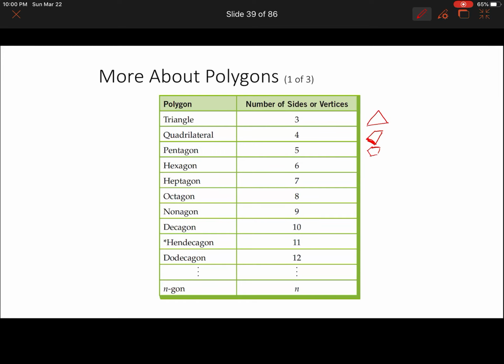A hexagon is a polygon that's got six sides. Again, six vertices. Heptagon has seven. Heptagon is one we don't use a whole lot. That is not one that's all that common, but it is one that we need to make sure we know. An octagon has eight sides. It's going to be your stop sign shape.